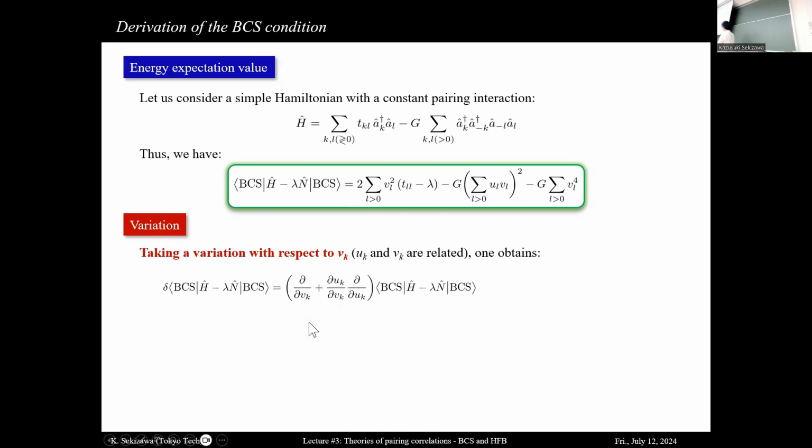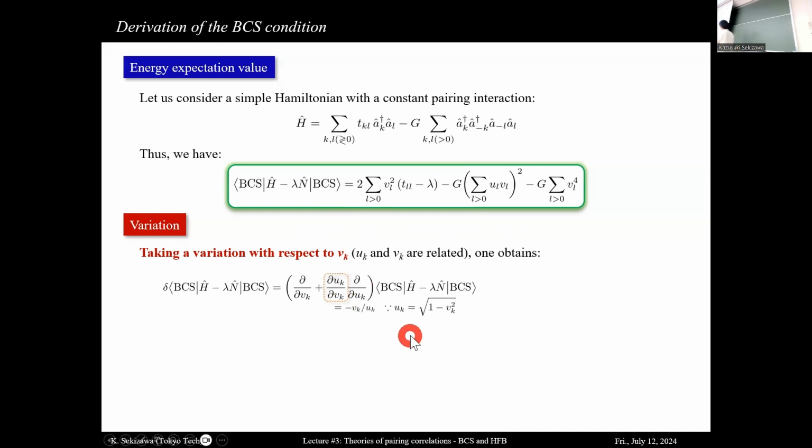First one is simply to take the derivative with respect to V. And the other one is to take the variation for U, but you have this factor here.